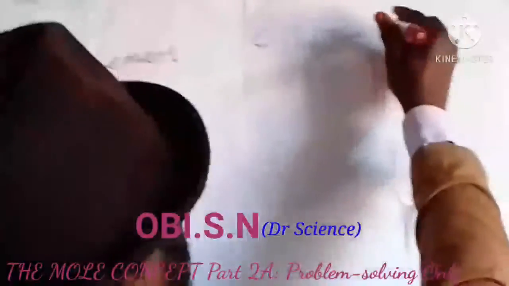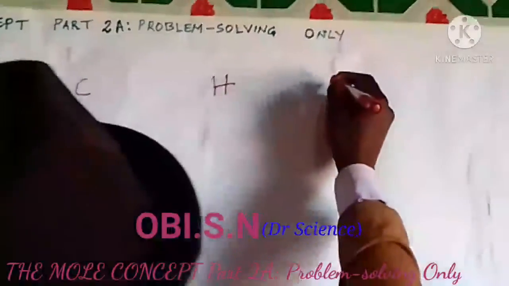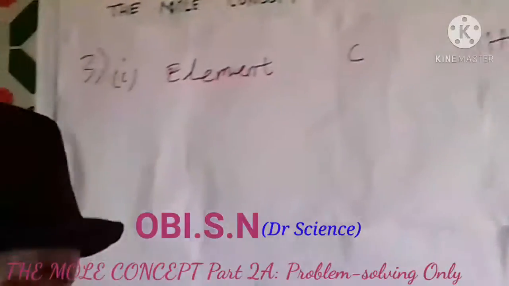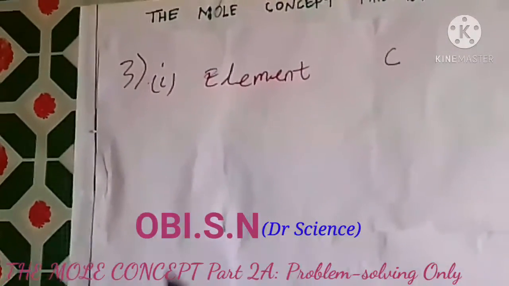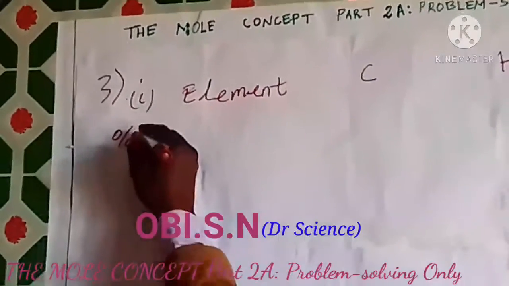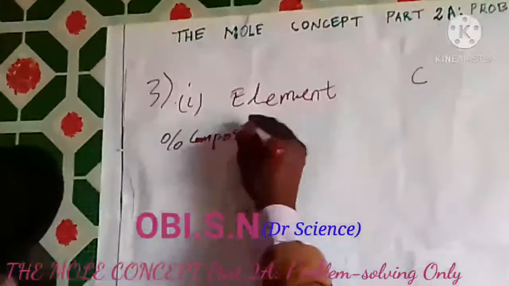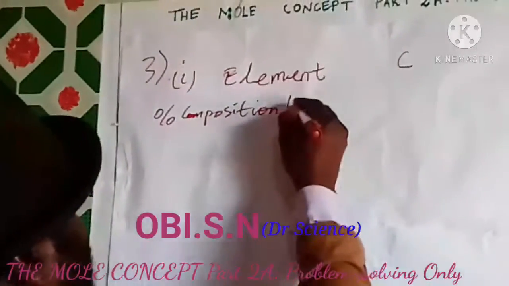Carbon, hydrogen, chlorine. Next, we write the percentage composition by mass.